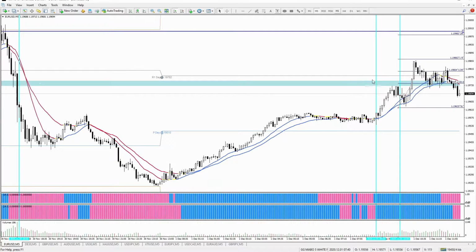Secondly, because you have a psychological level here, which is R1, which is usually pretty well observed by many market participants. So this is not ideally a fantastic setup, because in order to have a higher probability of success, you want the market to really clear these two areas here.